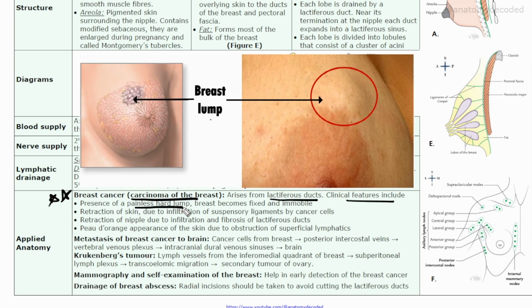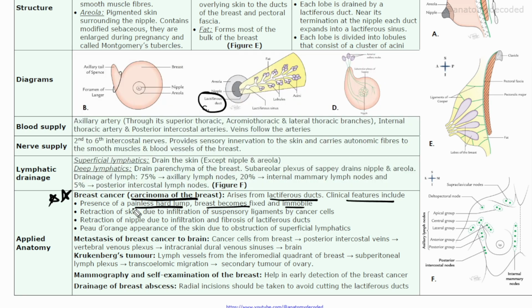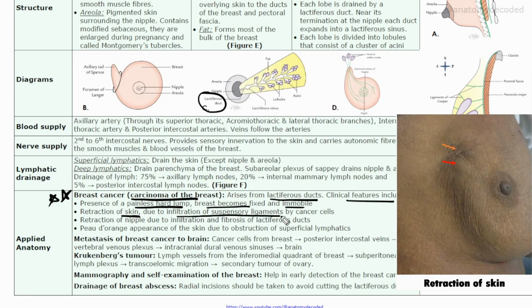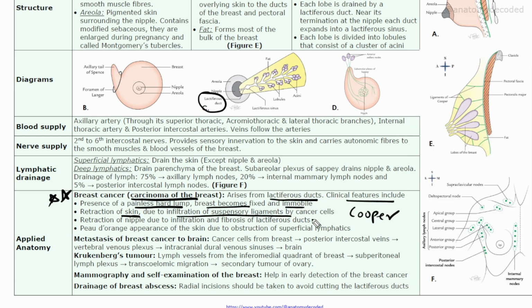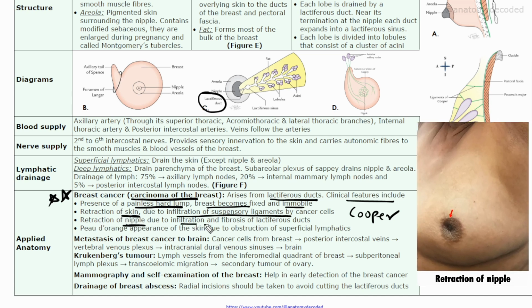There'll be a painless hard lump in the breast. The breast becomes fixed and immobile. There is retraction of the skin due to infiltration of the suspensory ligaments, also called the suspensory ligaments of Cooper. There is also retraction of the nipple when there is infiltration and fibrosis of the lactiferous duct.